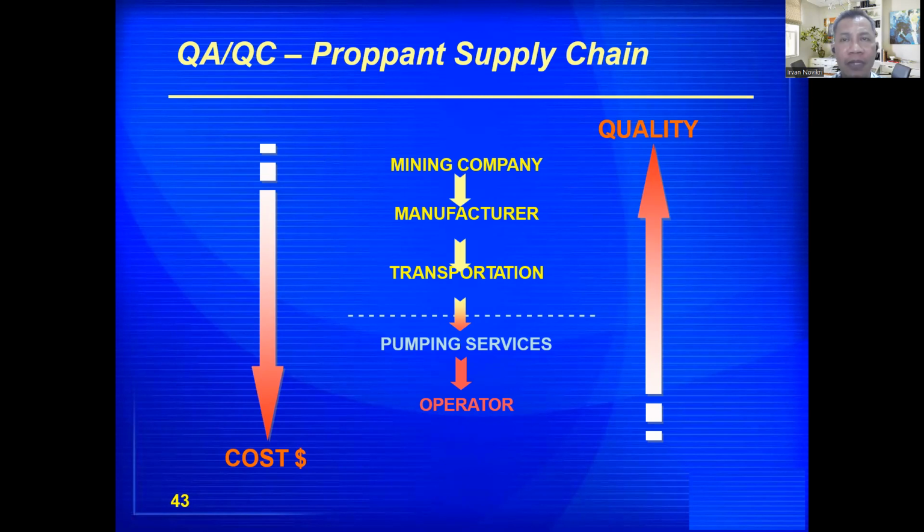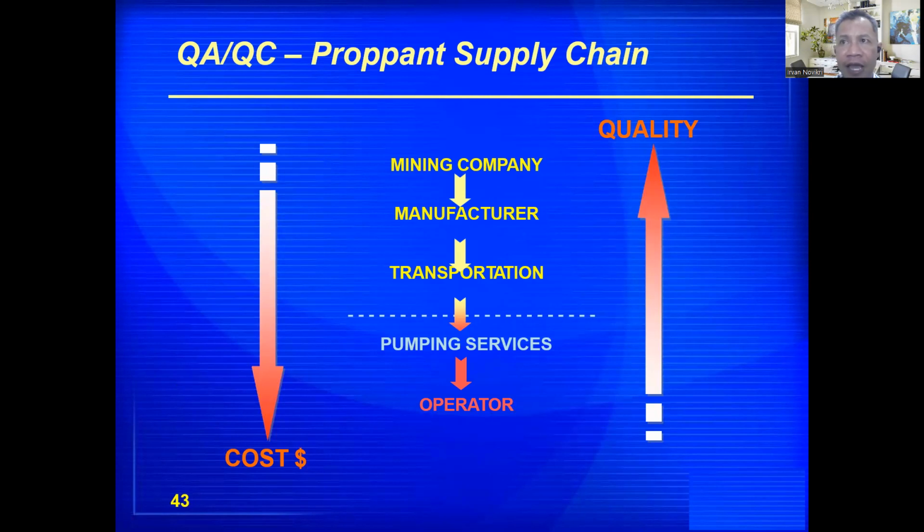When we look at the proppant supply chain, you see here cost with the arrows going increasing one way and quality going the other way. You start off with the mining company, where the quality is the highest, and it's also going to be the lowest cost. The mining company may not be the ultimate manufacturer, especially with resin coat, where somebody may mine the proppant and bring it to the company, which sizes it, dries it, and manufactures it.